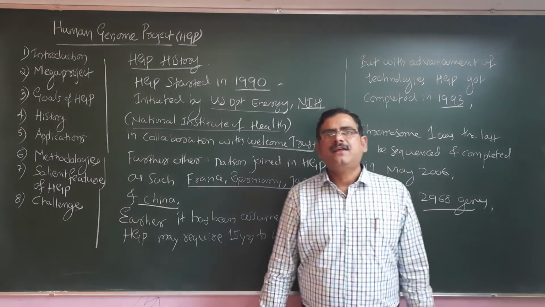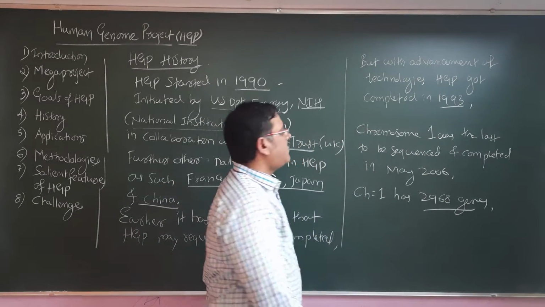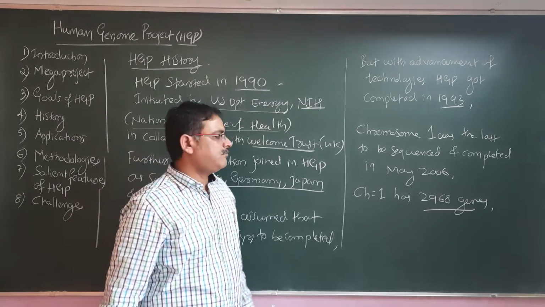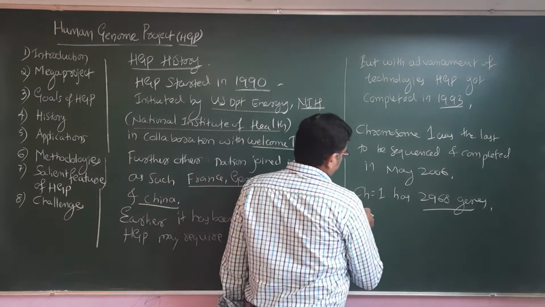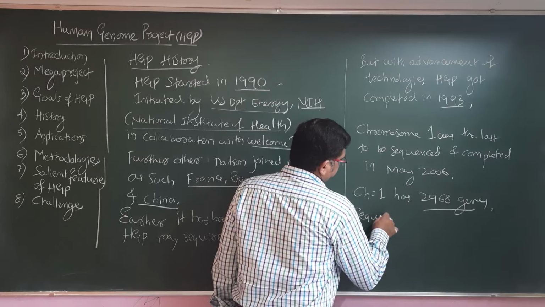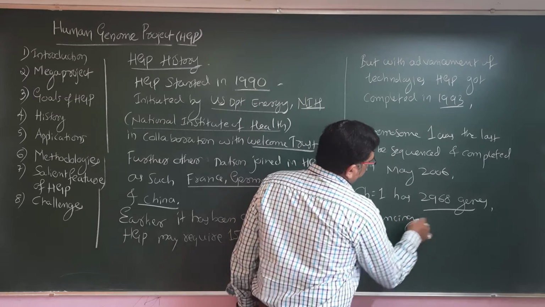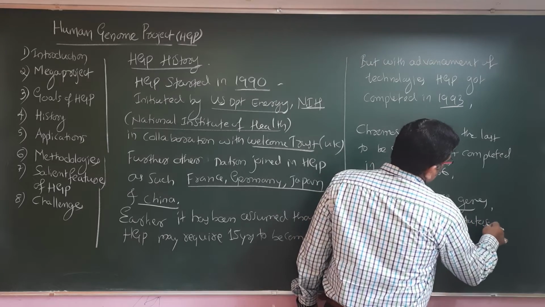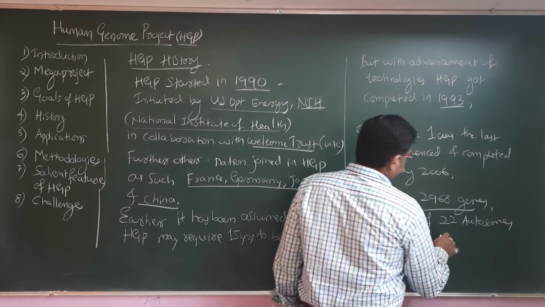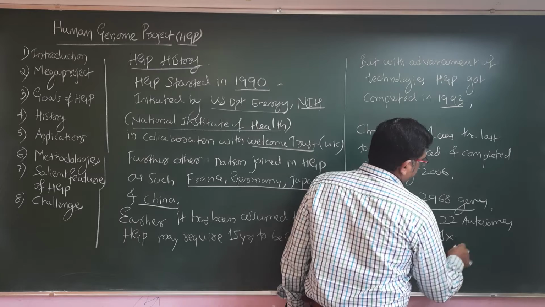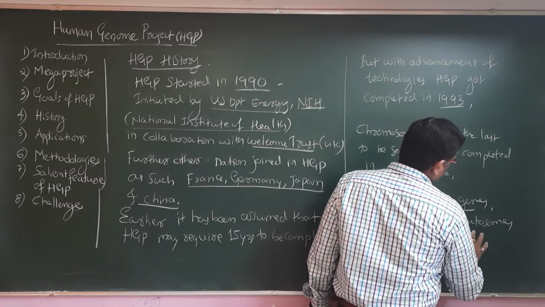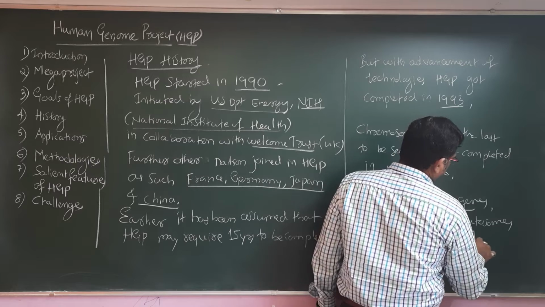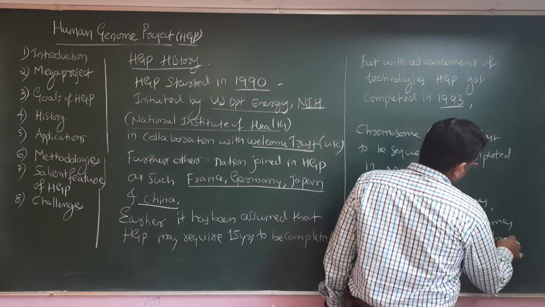So instead of 23 chromosomes, they sequenced 24 chromosomes: 22 autosomes plus 1 X and 1 Y chromosome.